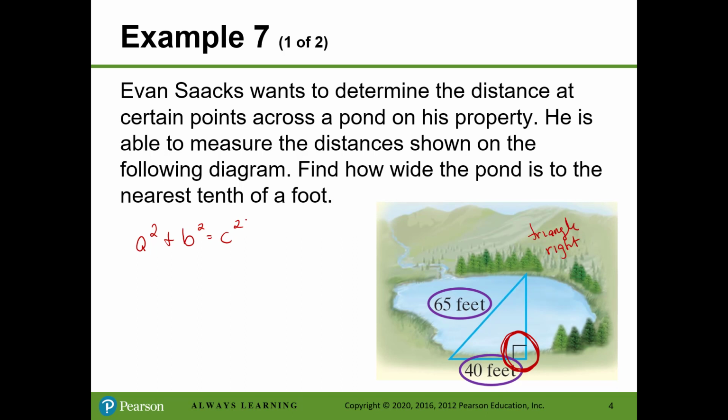So, what pieces of information did they give me? Good. You see the 65? The 65 is located across from the right angle, isn't it? Which means this is your hypotenuse.